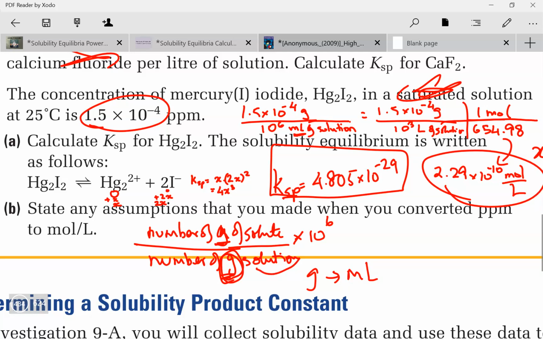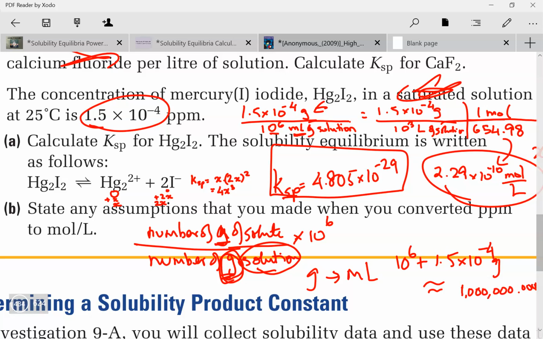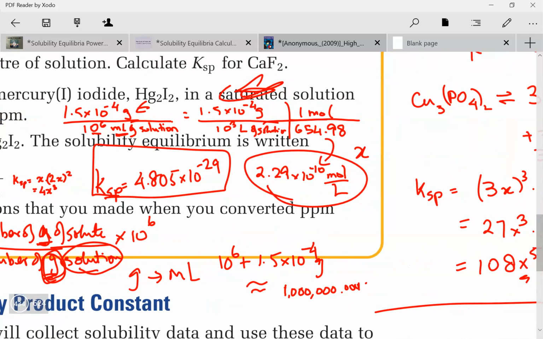Also, we assumed that the mass of this mercury iodide did not matter. Technically, because this is mass of solution, it should have been 1 million plus 1.5 times 10 to the power negative 4 grams, which is essentially 1 million. So we just make that assumption as well.